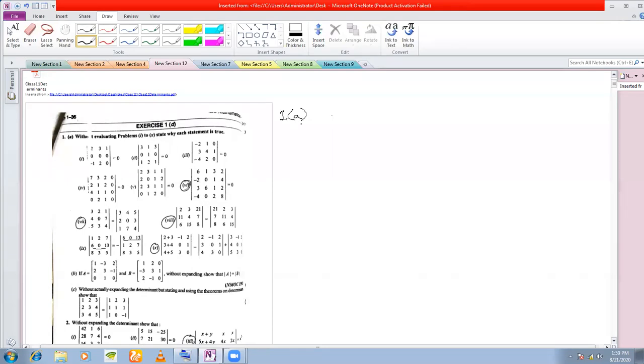1A 10. Okay, start from the left hand side. You have 2 plus 3, minus 1, 2, 3 plus 4, 0, 1, 4 plus 5, 3, 0. Now you have to express this as a sum of two determinants. This follows directly from the property, isn't it? You can write this determinant as a sum of two determinants.